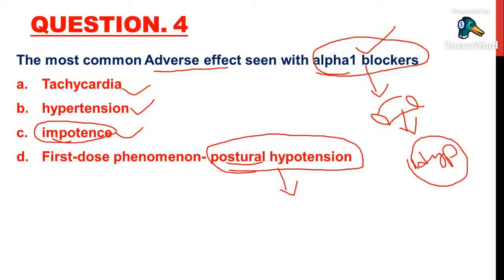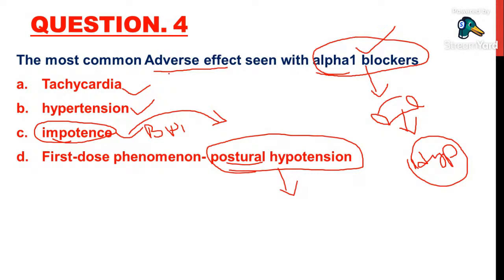Sometimes, if a patient is having benign prostatic hyperplasia, when alpha 1 blockers are given, the patient may have retrograde ejaculation. In that case, impotence can be seen, but this is very rarely seen. And hypertension is not at all seen because alpha 1 blockers cause hypotension, not hypertension, and no tachycardia.